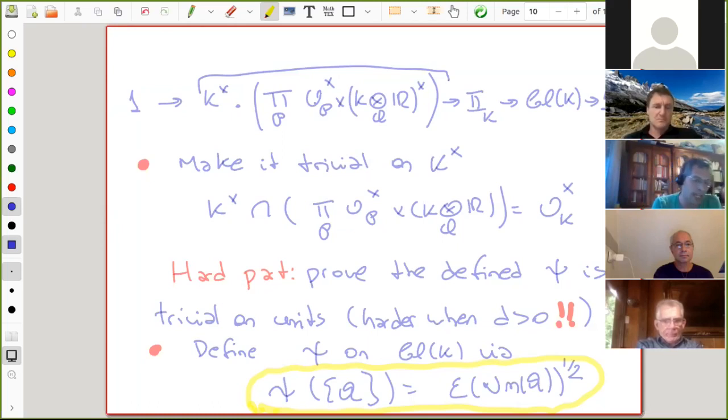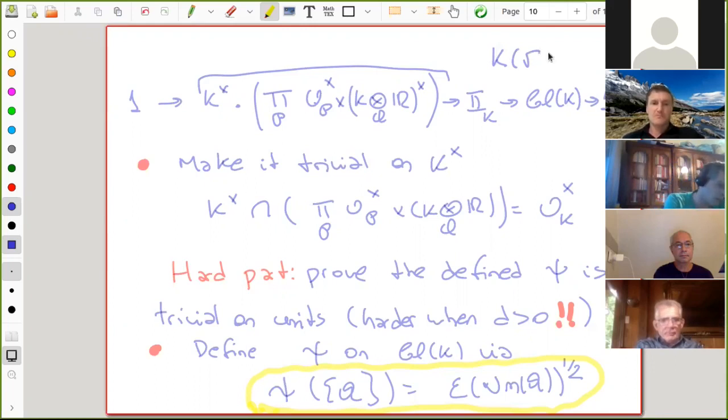And somehow the problem there is related to the following question, which I posed to many people, and everyone said, well, the answer should be whatever. I said, yes, I do agree, and experimentally this is what happens, but I still don't know how to prove it. Say you take a real quadratic field K, and you have your fundamental unit, and then you can consider the quadratic extension given by taking the square root of the fundamental unit.